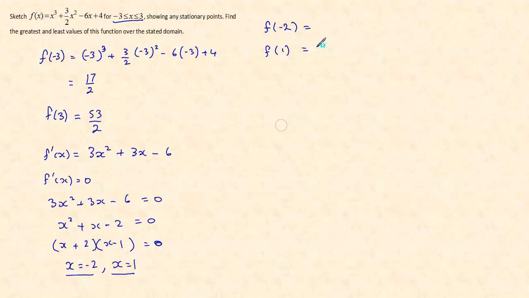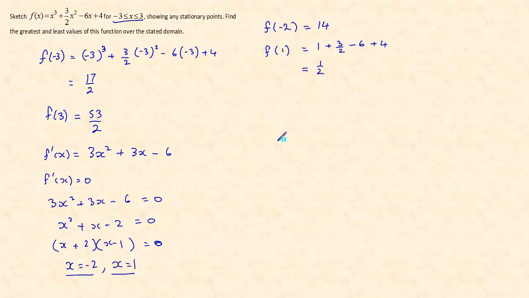That gives us 14. And with 1 we'll probably be able to do that without the calculator. So what we'll have is 1, add 3 over 2, take away 6, add 4. So 5 take away 6, that's -1, so that's going to be a half.